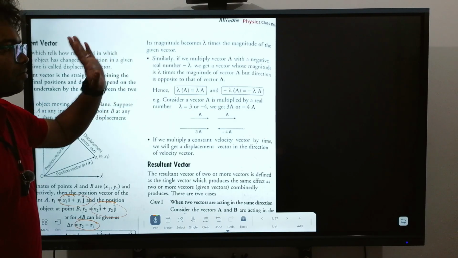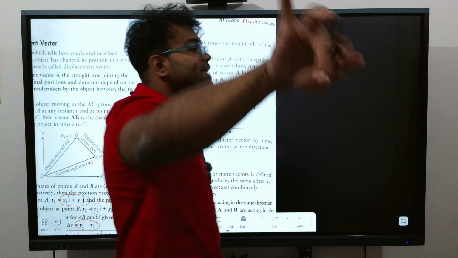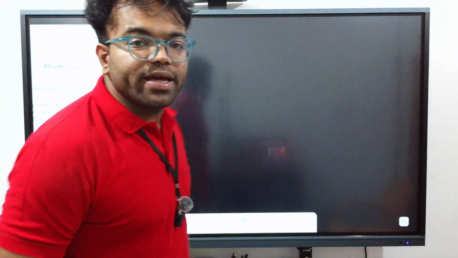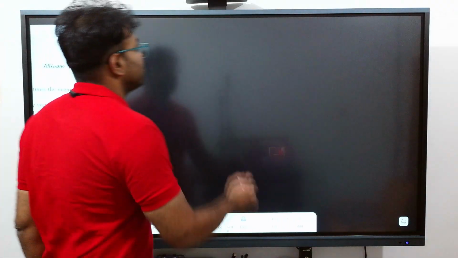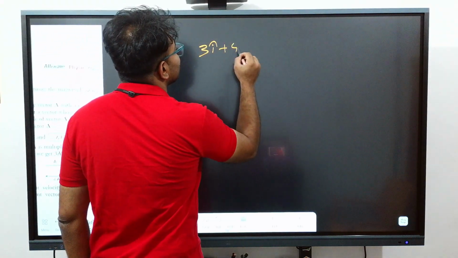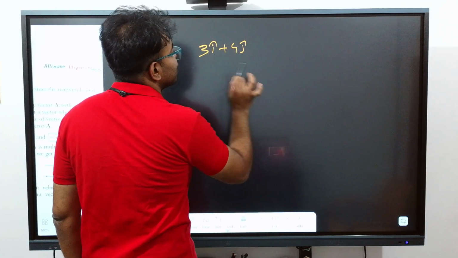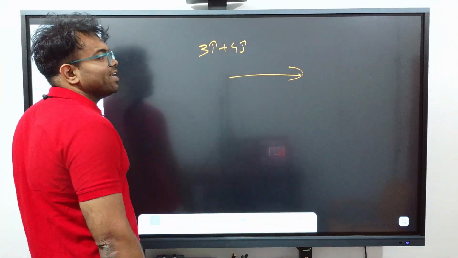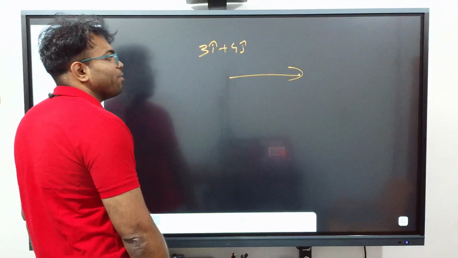Now Drupad, one thing you have to remember is if you are multiplying your vector by a negative value. For example, let's say 3 i cap plus 4 j cap is representing this vector that is going like this. I have not represented any axes, so don't worry about that.